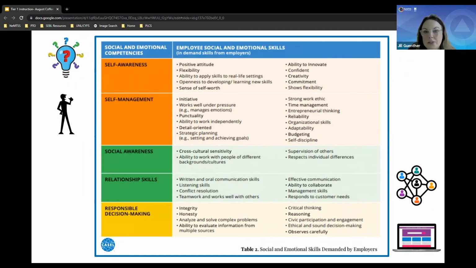So this visual does a really nice job of taking each of the competencies and identifying some of the skills that fall within those competencies. These are things that we want to target, things that we are really working to build for our students each and every day. This does a nice job of laying them out, and it may be a nice visual to share with the students as well so they can see those things.